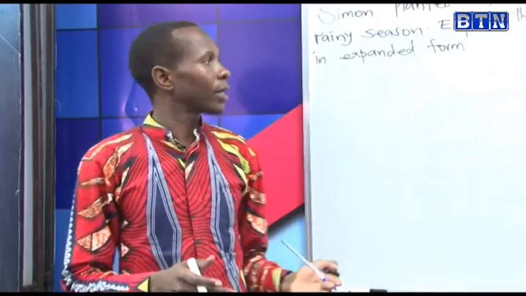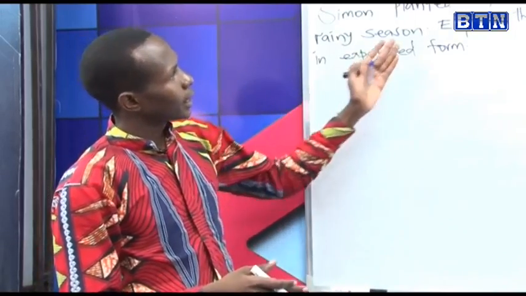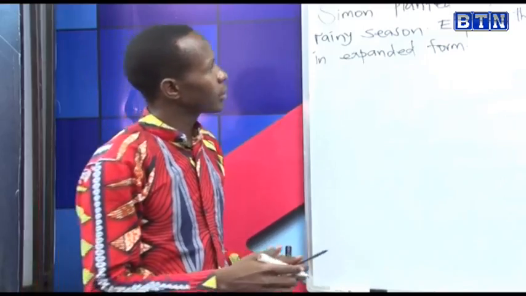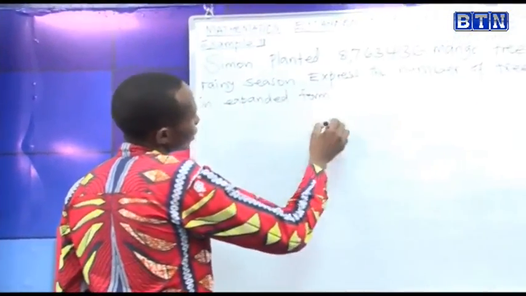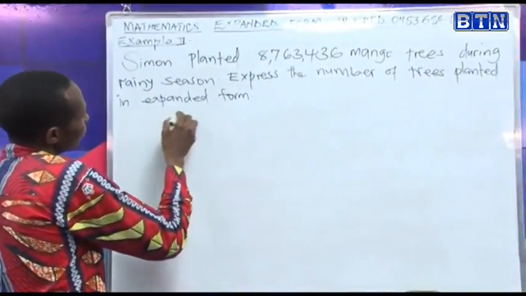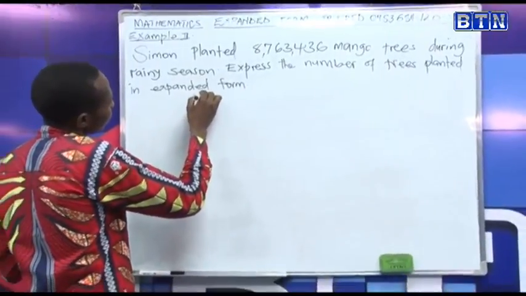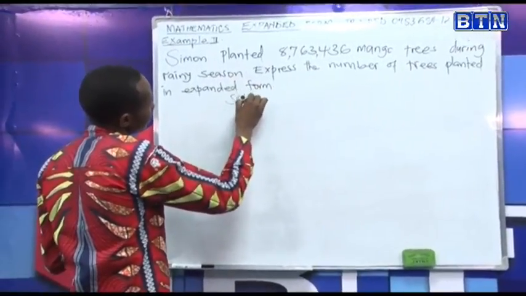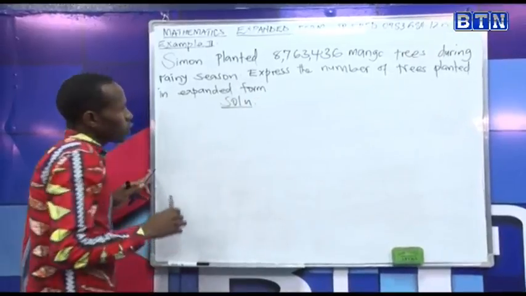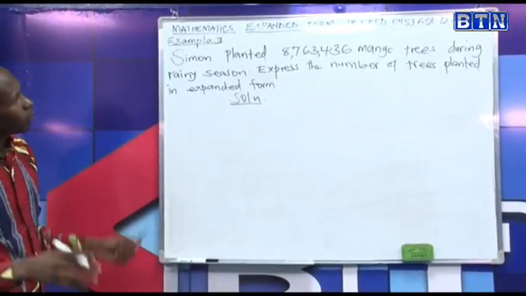At this time, I want us to expand this very number using powers, and we compare with the first one where they said we use values. So the first method we shall use powers.